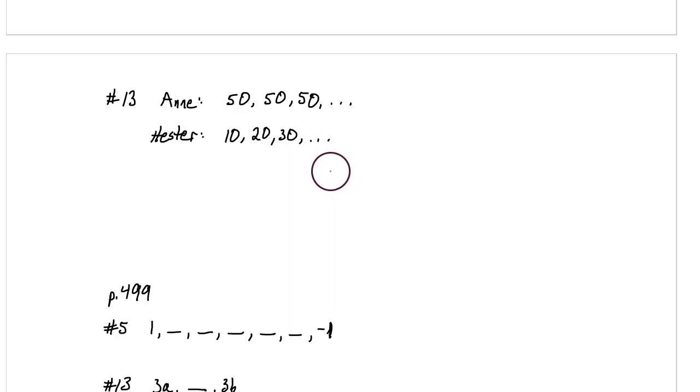Well, what we know is that the sum of their reading is 1,100 pages. So we probably have to use one of those sum formulas. S sub n is equal to n divided by 2 times 2a plus n minus 1 times d.